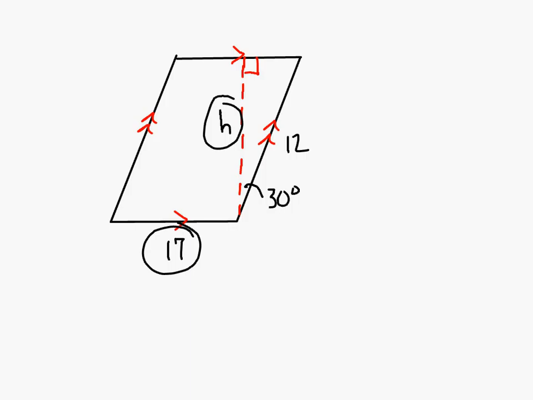Now, this is still a right triangle over here, isn't it? In this right triangle, they give you an angle measure, they give you the hypotenuse, and you need the adjacent side, don't you? So do you remember SOHCAHTOA? Maybe write this down if you haven't memorized it.